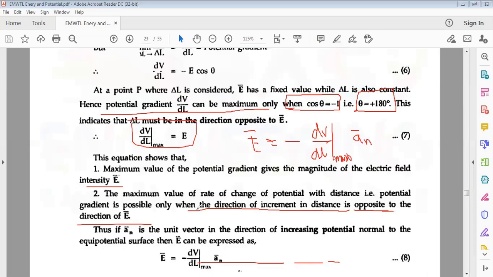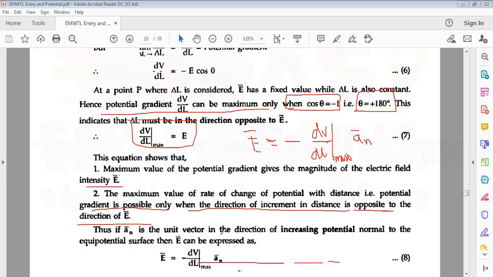The negative sign is there because the maximum rate of change of potential with distance is possible only when the direction of increment in distance is opposite to the direction of E bar.